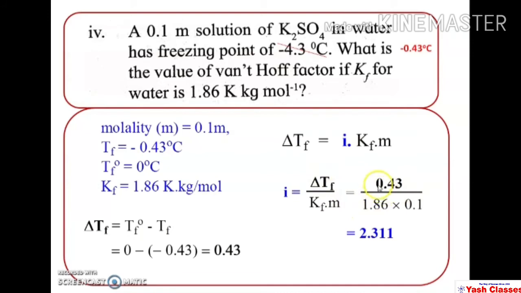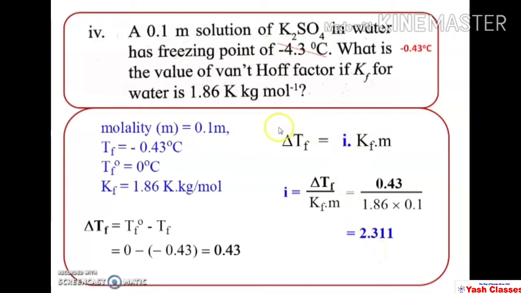So it is equal to 0.43, delta TF, upon 1.86, this is Kf, into 0.1, this is the molality. And when we calculate this, it comes 2.311. So this is the van't Hoff factor i for potassium sulfate.